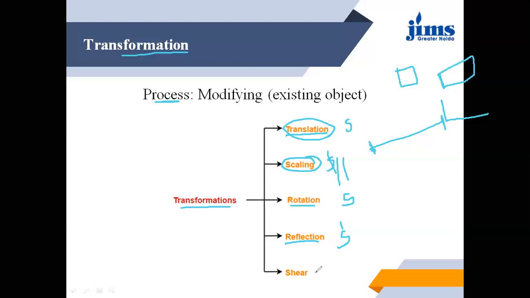And in shearing, the shape of the object is going to be changed. For example, if we put pressure on one side of the object, the shape changes like this.